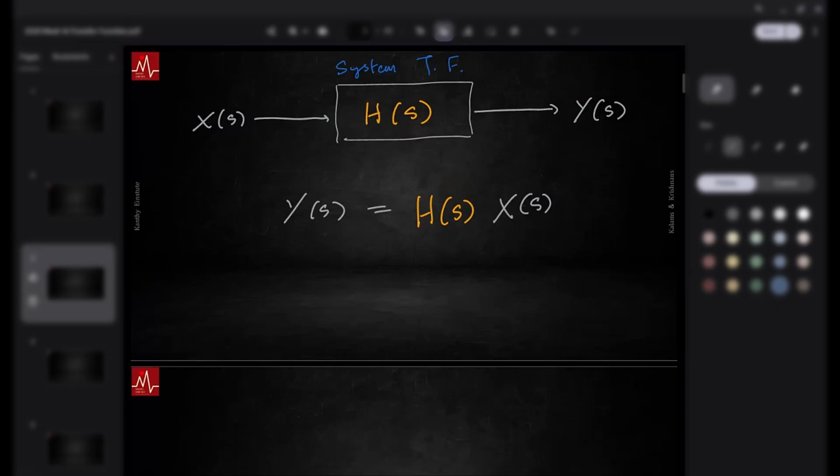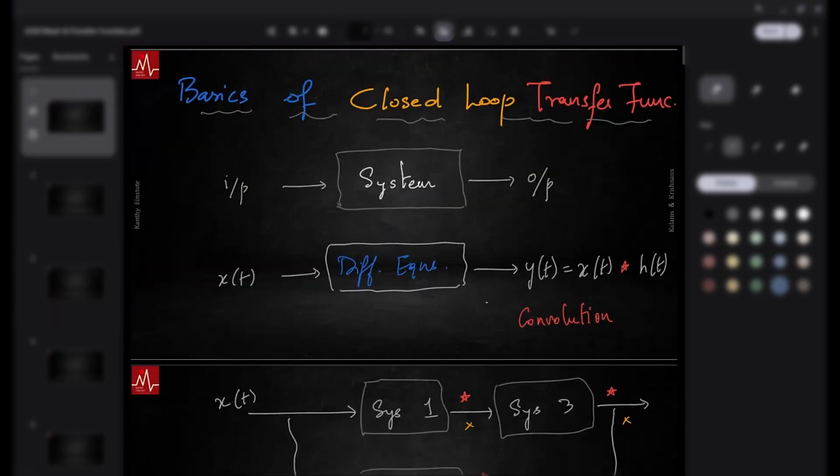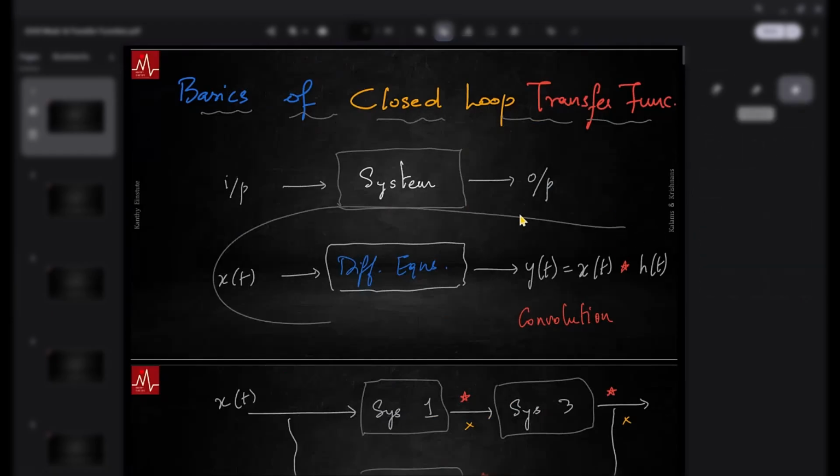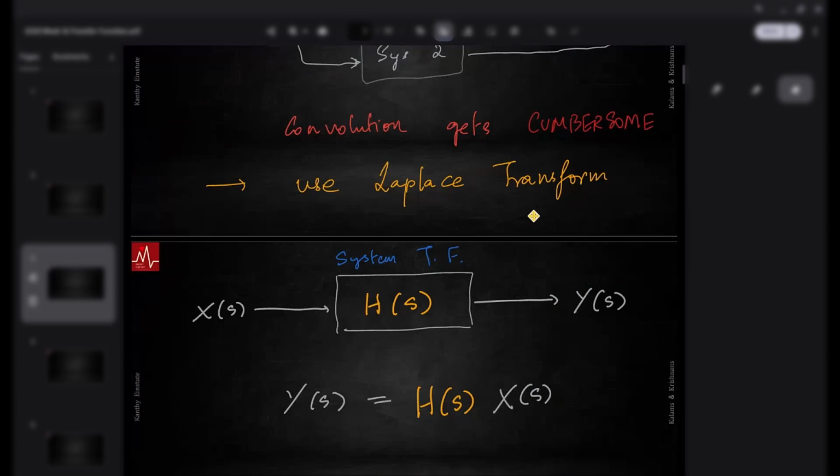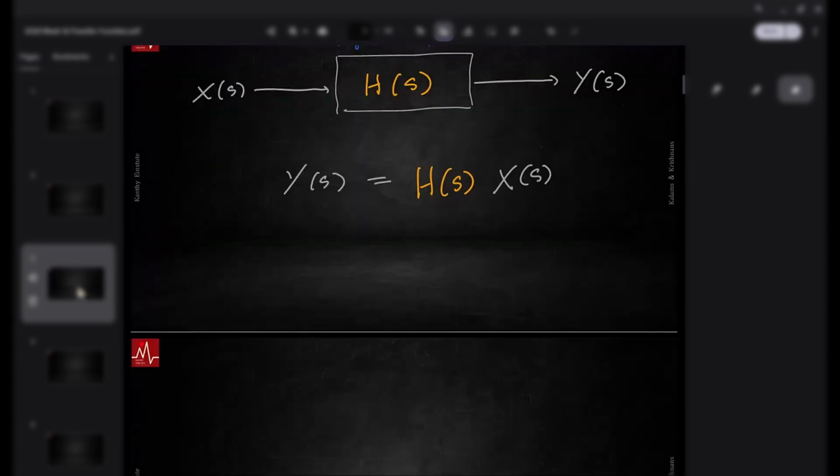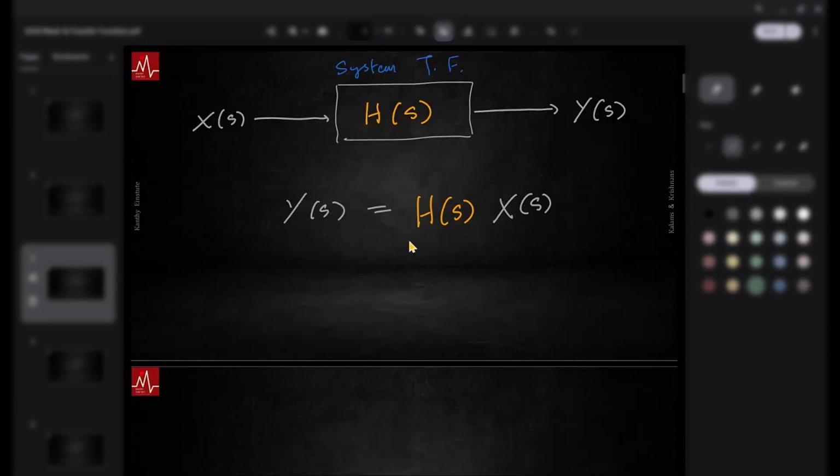Okay, let's do two simple examples. I cannot start from resistor capacitor, but I'm going to start from differential equations. Now we'll start with differential equations. Let's quickly see how a particular system's transfer function shows up. Things are a product now, no convolution, just a product.